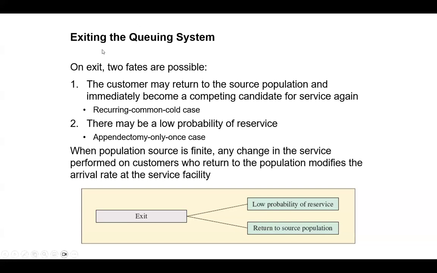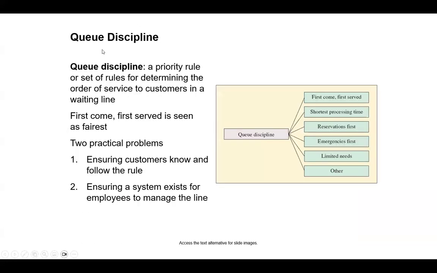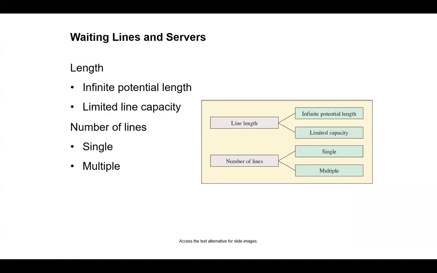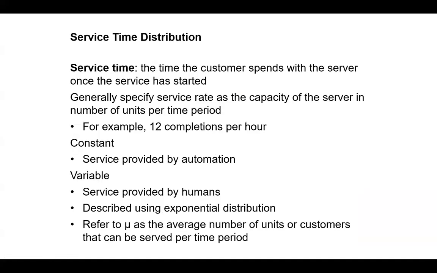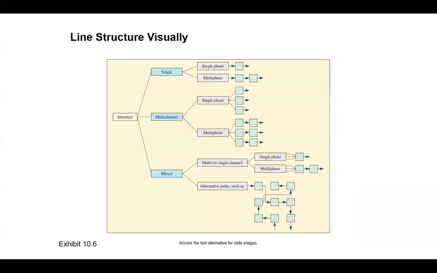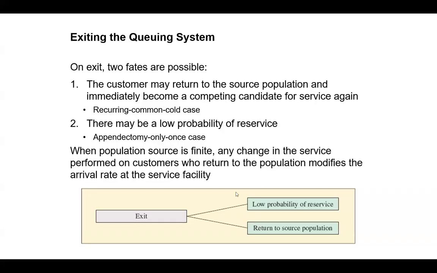When we discuss the system, we focus on the line and servers, the service time, and the line structure. And when we discuss exit, we have 2 different scenarios after exiting. So this is all the things I introduced for the first part of the chapter.